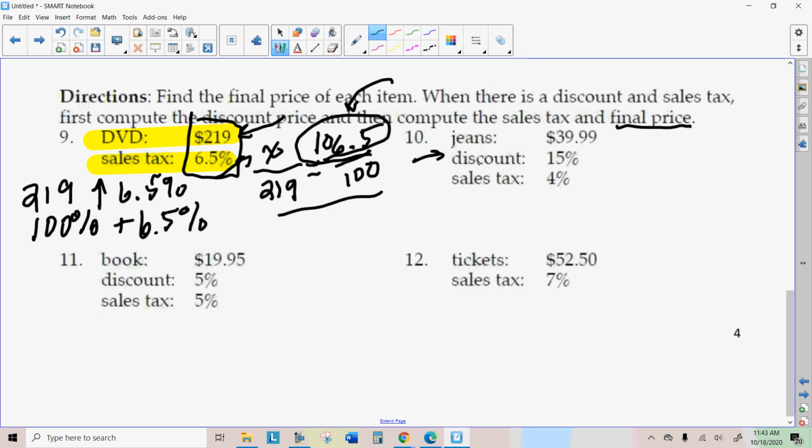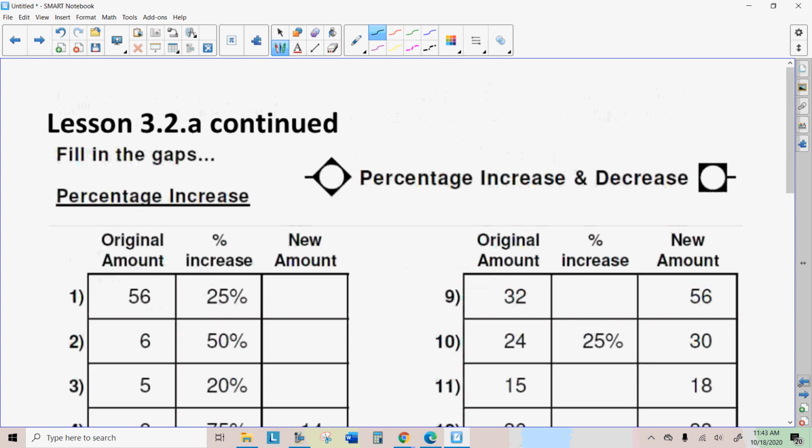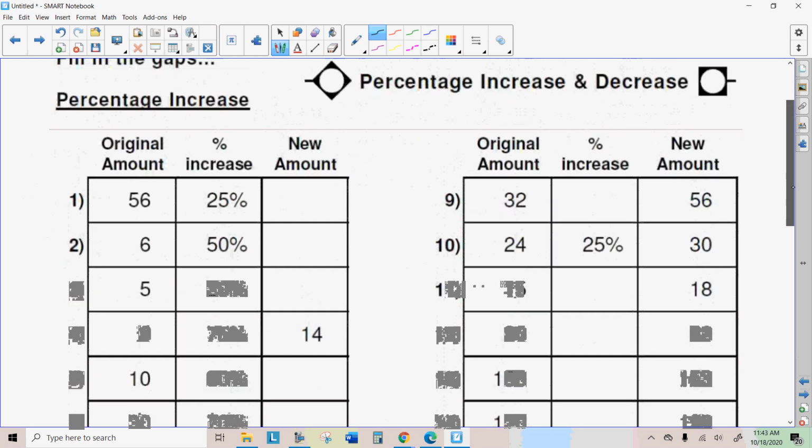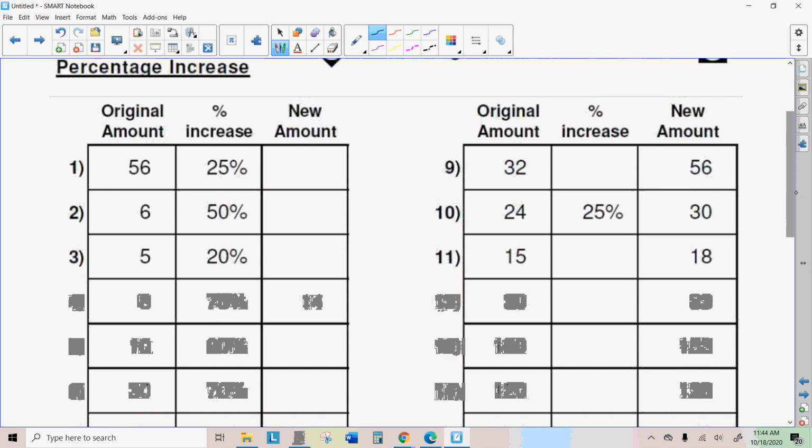Now, before I move on and do the rest of these problems, and I'm going to come back because I think I have a pretty cool shortcut for you guys to use on this, I just want to go through a lesson that will help you understand why we're doing this. So let's move on to the next page, and I'm going to ask that you fill in the charts, and I'm going to show you a really cool way to do that.